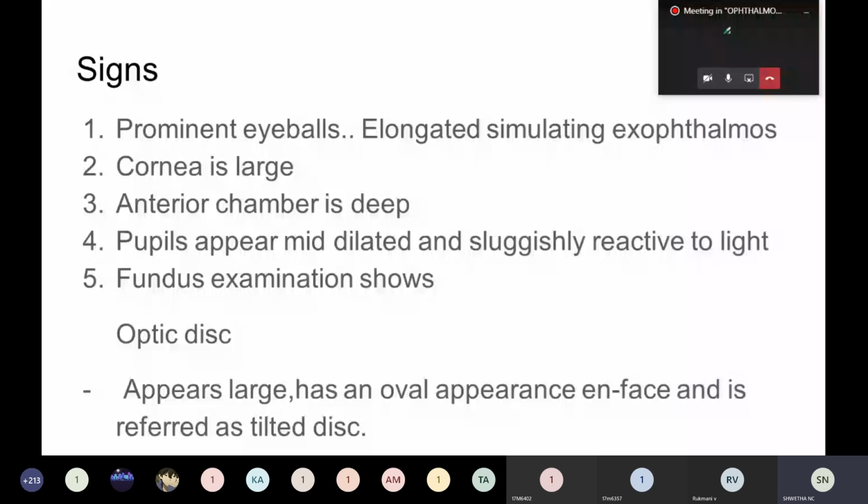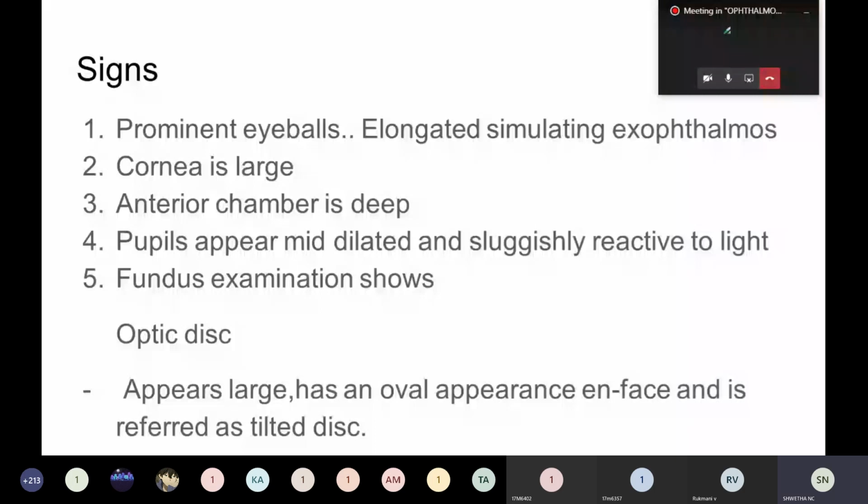So first of all, when you describe the fundus, we come to the optic disc. The optic disc is always on the nasal side, whereas the macula will always be temporal. The optic disc will appear larger in size. The normal size is usually 1.5 mm in diameter; here the diameter increases.